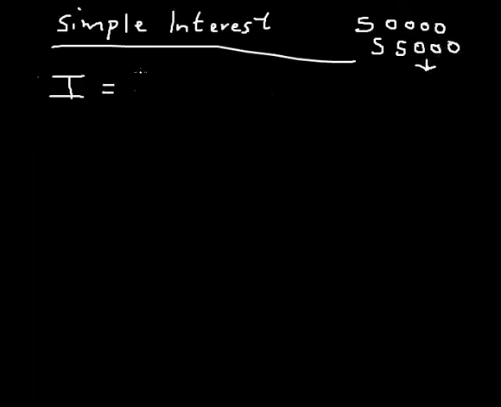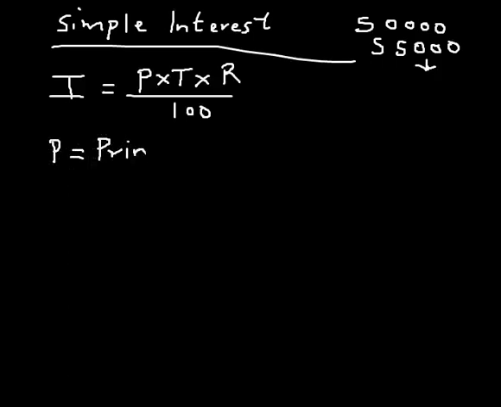The formula for simple interest is given as P times T times R divided by 100. P is the amount that was borrowed or invested. Whether it's a loan or an investment, we'll call it the principal.